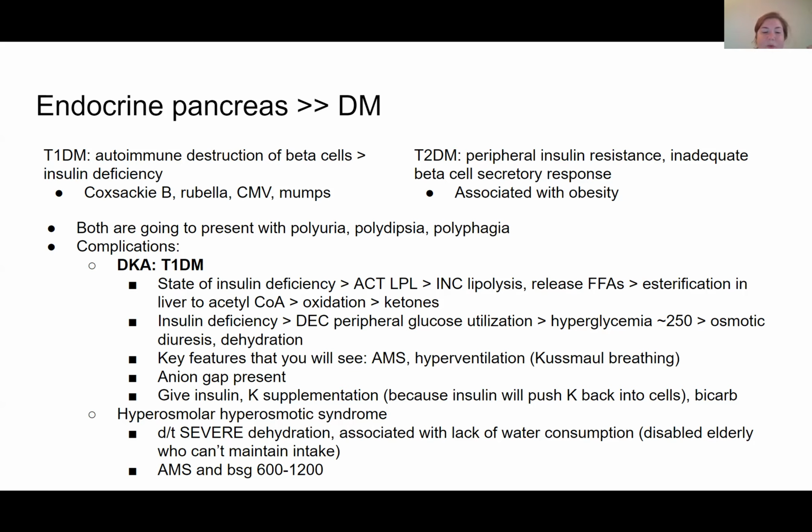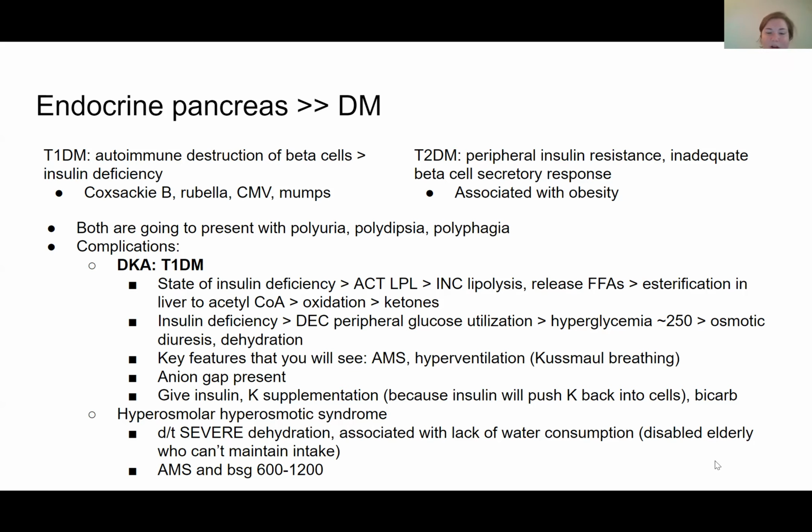And then treatment, you're giving insulin, and you also give potassium supplementation, because remember, when you give insulin, it's going to drive potassium back into the cell, and the patient can become hypokalemic. If you mess with potassium levels, it is really bad in the system. So you always want to make sure that it is within normal limits. So when you're giving insulin, you also give potassium, and then you give bicarb, because of course we are in an acidotic state. So you want to give bicarb.